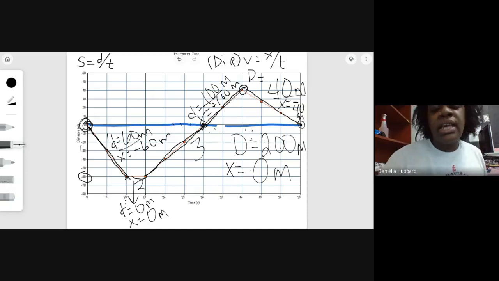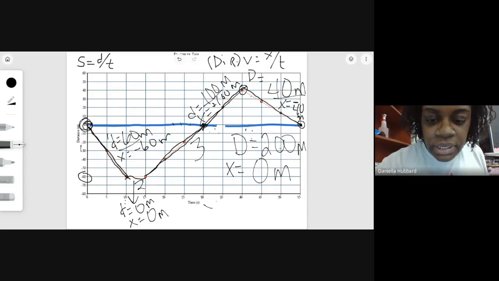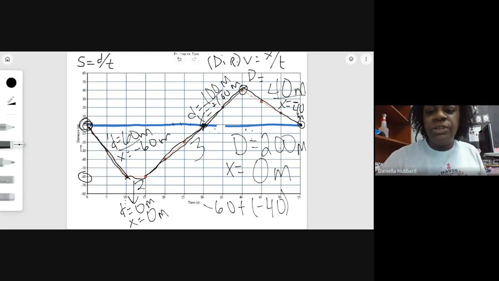Another way is to add up all the x values that you see. Well, let's do that. Negative 60 plus a negative 40. When you add a negative, it all becomes subtraction.